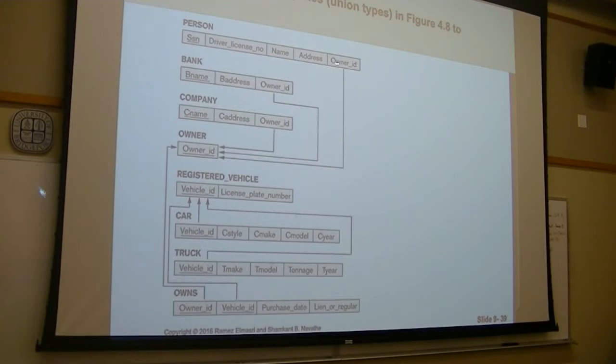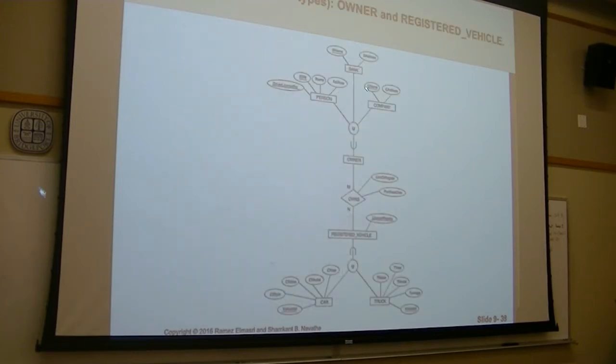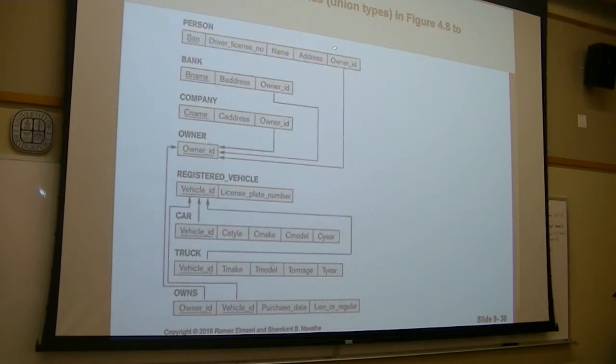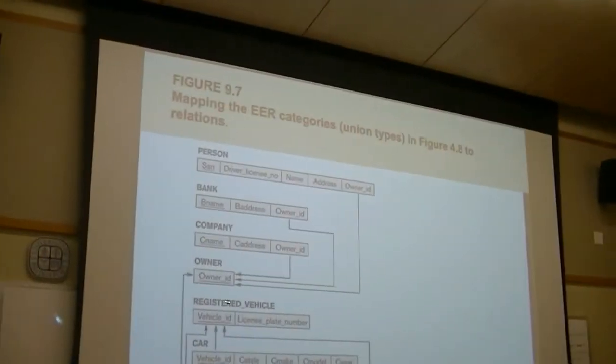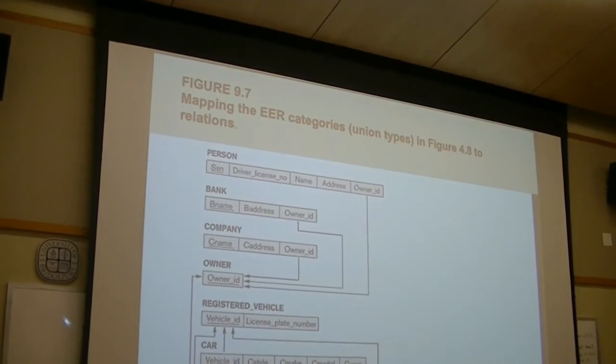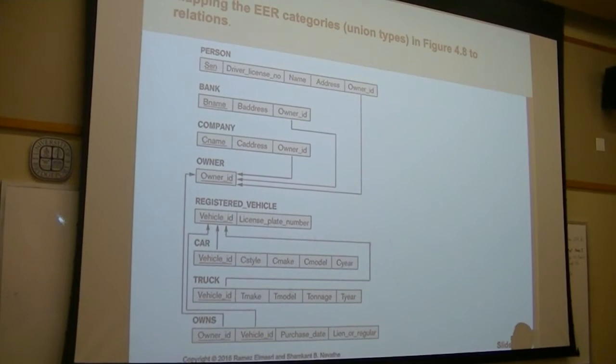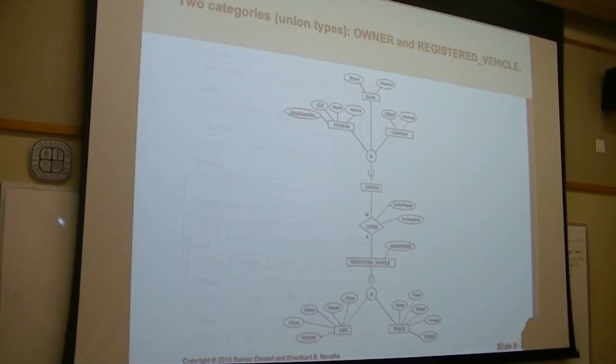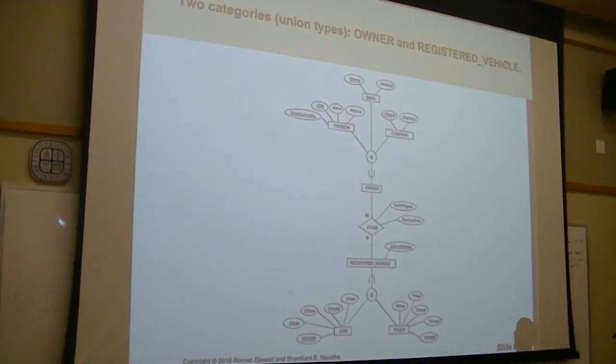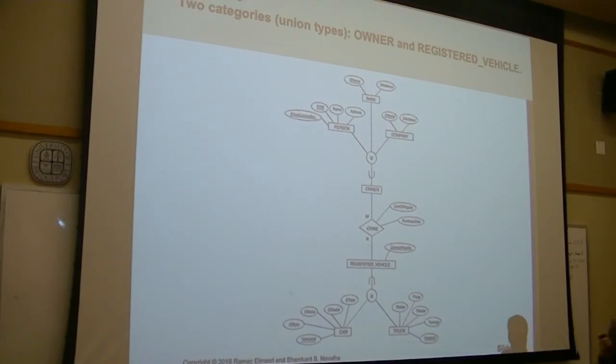Even though owner is not defined during the ER modeling, the conceptual modeling, we are going to add the owner ID to each entity table, then the owner ID will be a foreign key to the owner superclass. At this time, this owner will be the important table relation, unlike the employee case, because this is the type of owner. So this is called the union type.